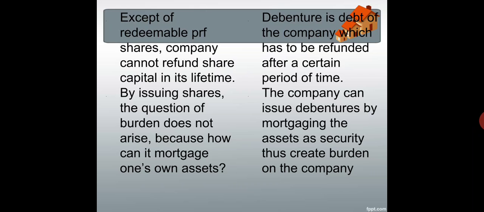At the time of issuing equity shares, the organization is not going to put any assets on mortgage, because equities are ownership capital. So there is no question of mortgage as far as ownership capital is concerned.